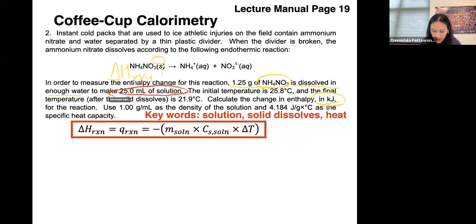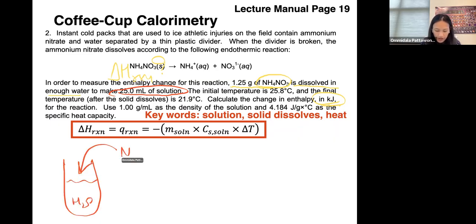This value here, 1.25, is only of ammonium nitrate. Remember, when you dissolve something, you have water here, and then you dissolve NH4NO3 ammonium nitrate in it. These two added together would be the solution. Therefore, this is only the mass of ammonium nitrate, it's not the mass of water, so we cannot use that.